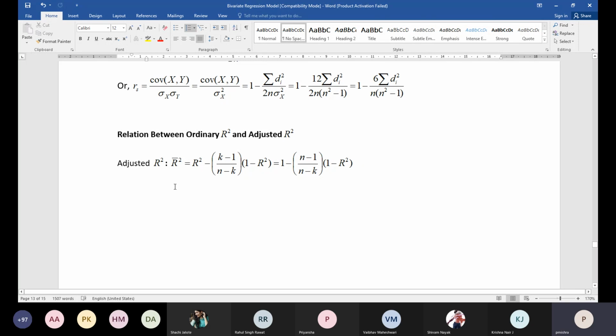So adjusted R square is actually ordinary R square minus this penalty.